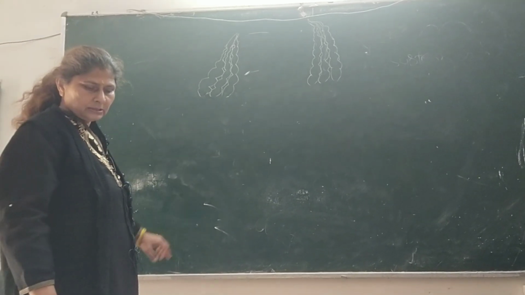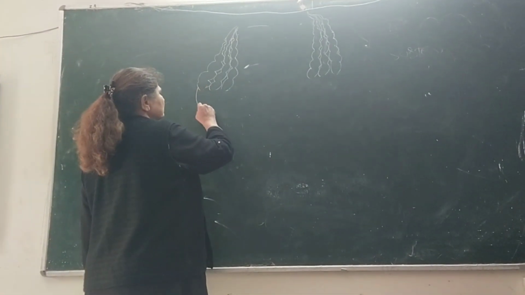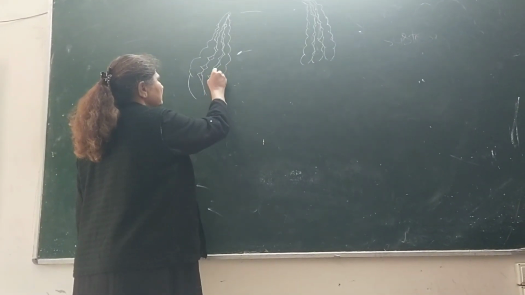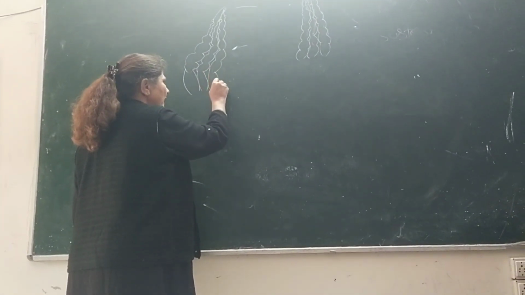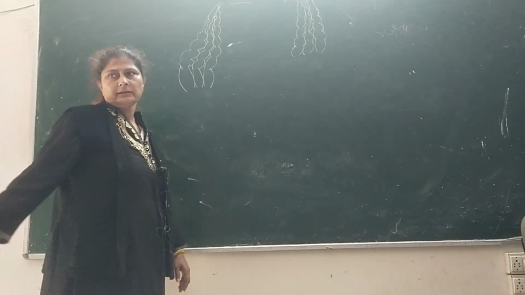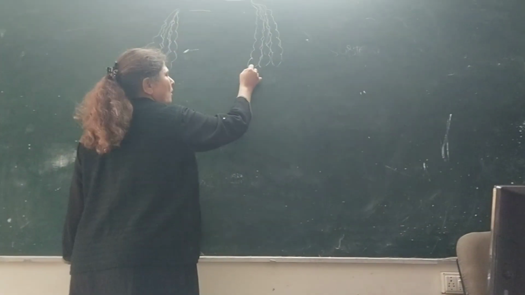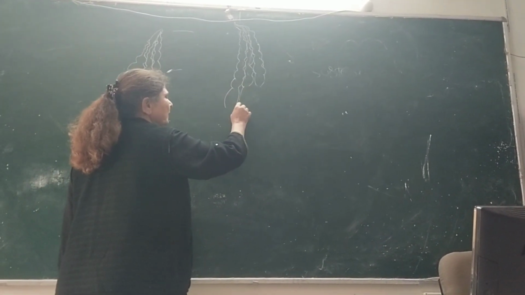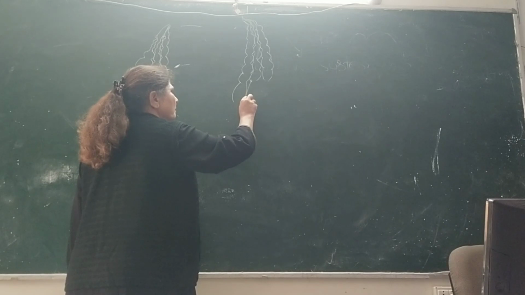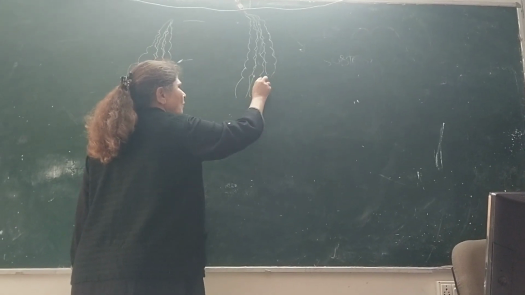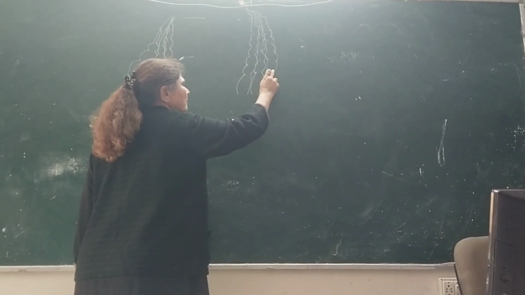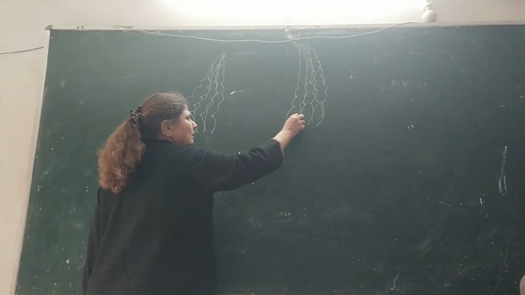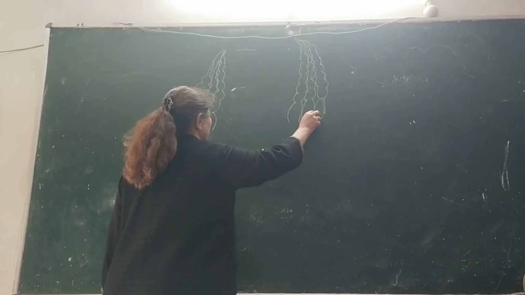From these ovaries there arises a last segment, that is broad as well as long as compared to the upper segments of these finger-like projections, which collectively form the ovary.